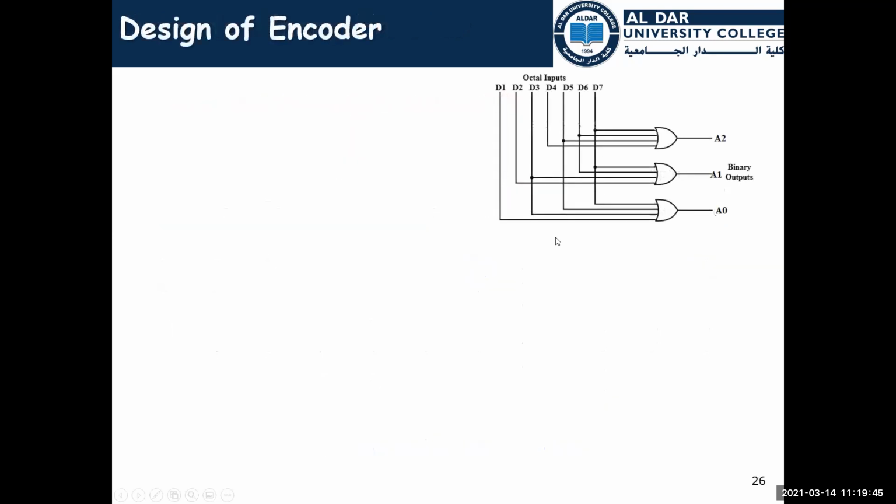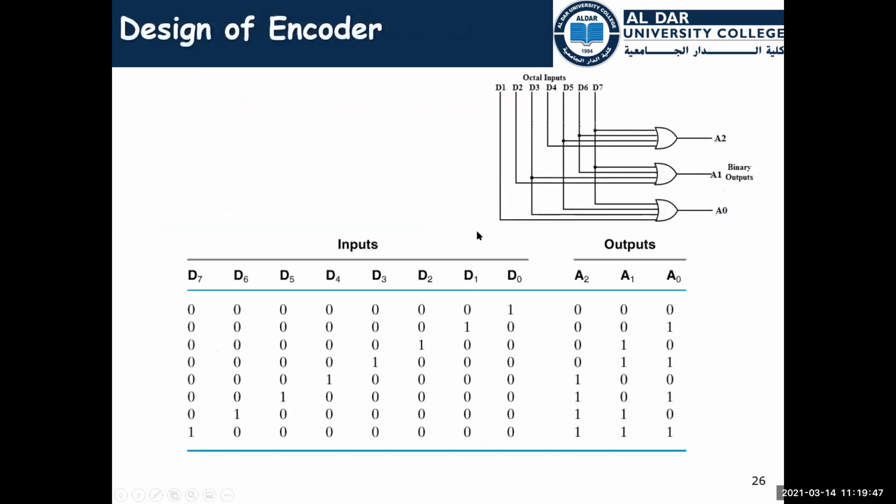So this is the circuit of the encoder, and this is the truth table of the encoder. As you see, we have represented A2 by this OR gate, A1 by this OR gate, and A0 by this OR gate.